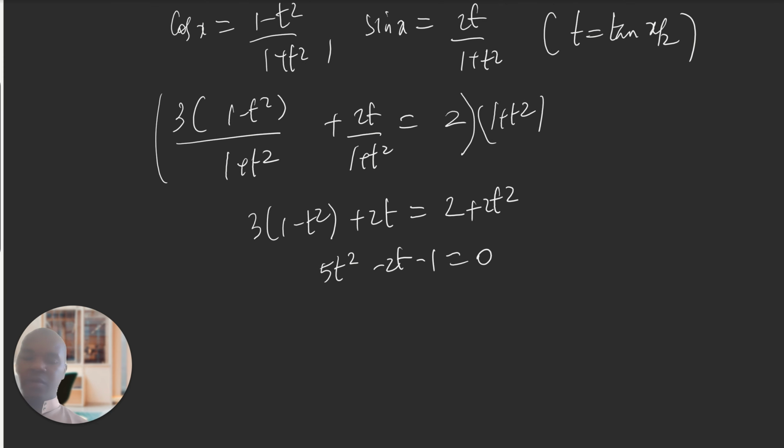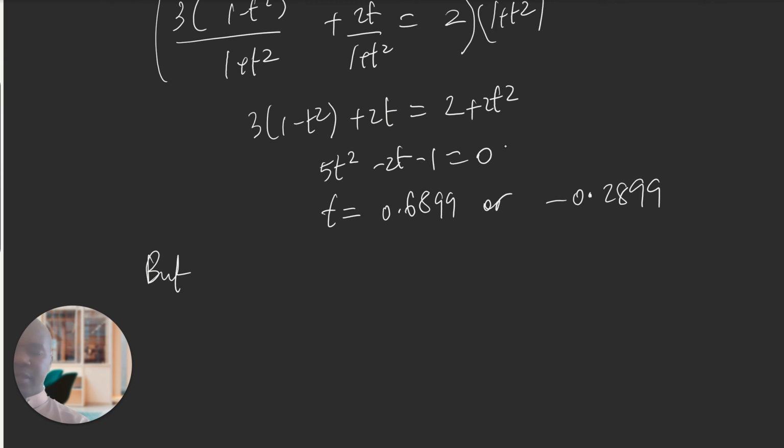So in our hand now we have a quadratic equation, which we have to solve, and upon solving, you get t equals 0.6899 or negative 0.2899 as well.